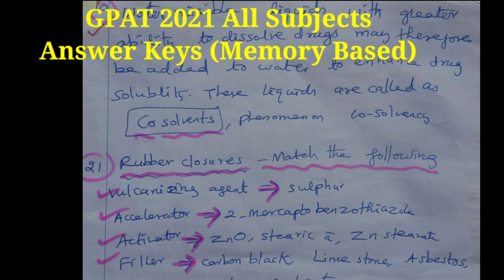This phenomenon is called as co-solvency. Next question, rubber closure related to match the following: vulcanizing agent sulfur, accelerator 2-mercaptobenzothiazole, activator zinc oxide, stearic acid and zinc stearate. Then filler carbon black, limestone, asbestos and calcium carbonate.